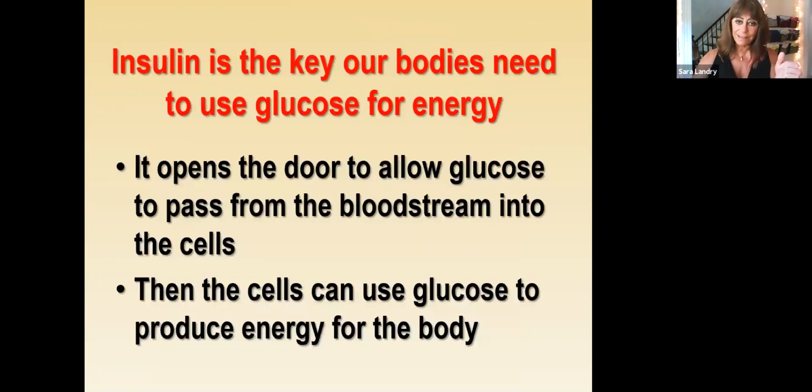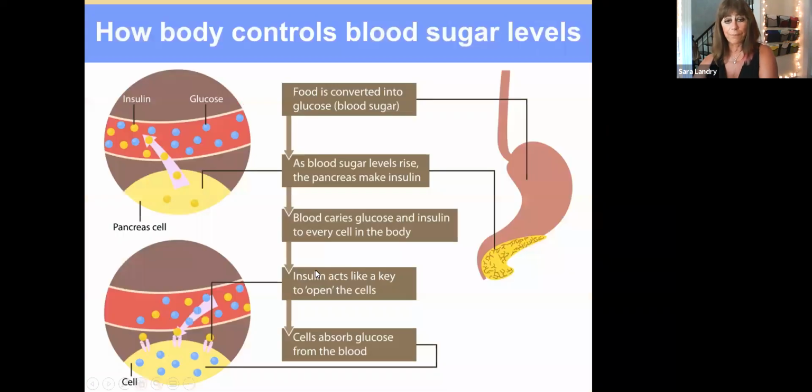So insulin is the key our bodies need to use glucose for energy. It opens the door to allow glucose to pass from the bloodstream into the cells. And once the glucose gets into the cells, the body can use the glucose to produce energy.